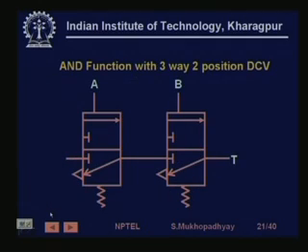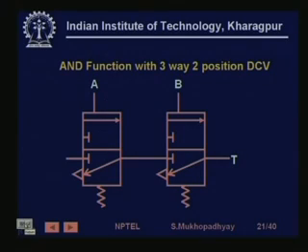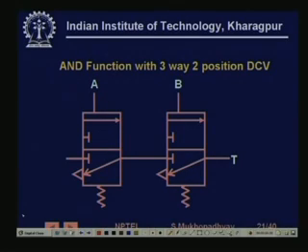Similarly, these are realizations just to show how these pneumatic elements can be used to generate various Boolean conditions. So this is a realization of an AND gate using 3-way 2-position direction control valves. So what happens is that when both these pressures are on, then this is in this box and this is in this box.